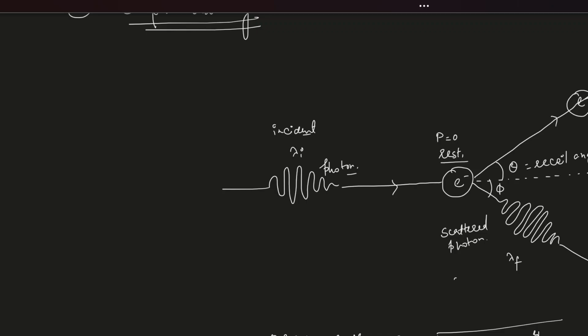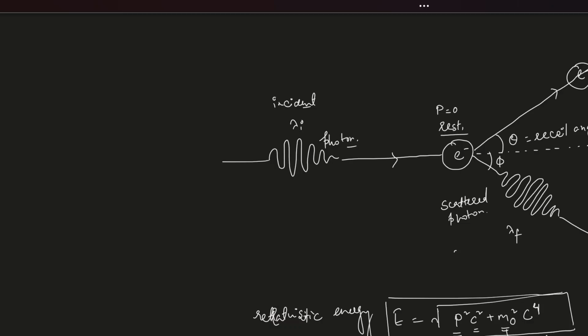Anyway, for our purpose, this will serve. So this relation, energy is equal to this thing. From this case, initially when the momentum was 0, the electron at rest, then its mass me is equal to basically the rest mass.